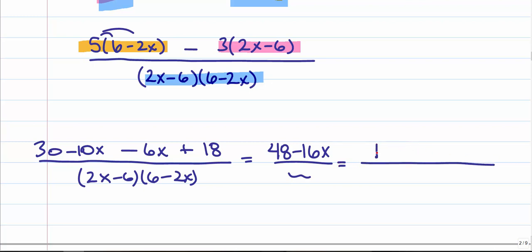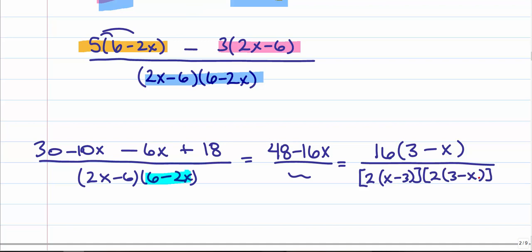And then I simplified this into 16 times 3 minus x. So what I'm saying in the denominator is I could take this first piece here and I can factor out a 2. So that would be 2 times x minus 3. And then I could do the same thing with the second piece, the second denominator here. But here, if I factor out a 2, I would be left with 3 minus x.